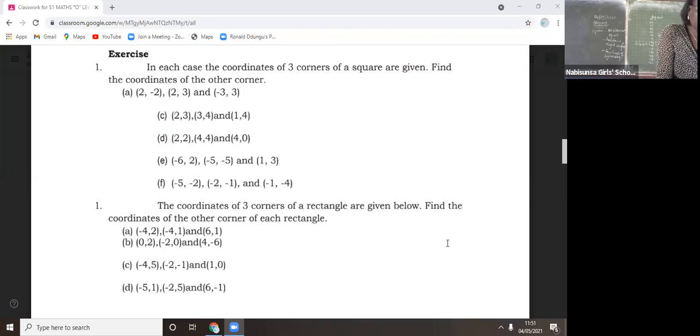So complete what you are doing with number 1, those different parts. And then we are going to move to number 2 of the same exercise. And by the way, they labeled number 1 and number 1. Can you make the second one number 2?